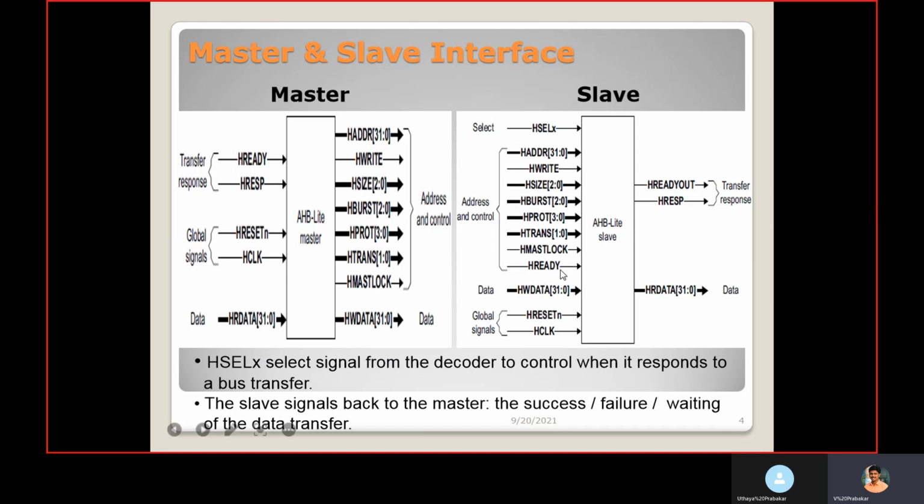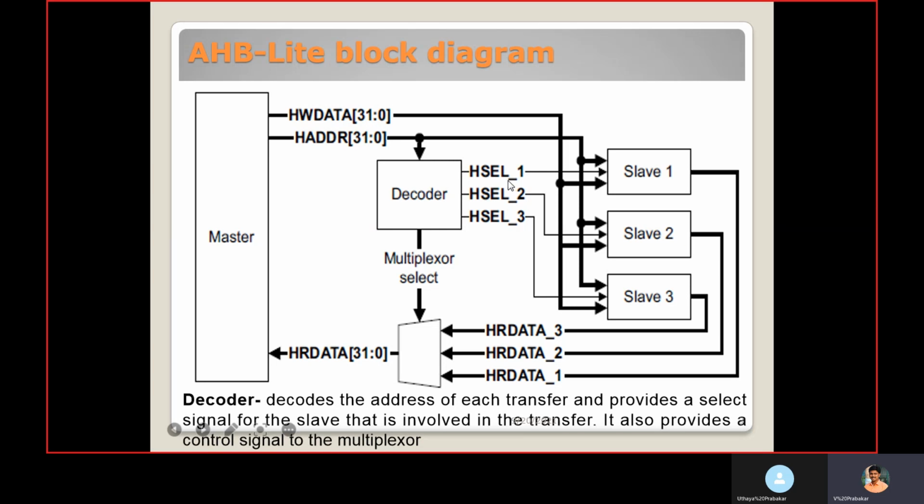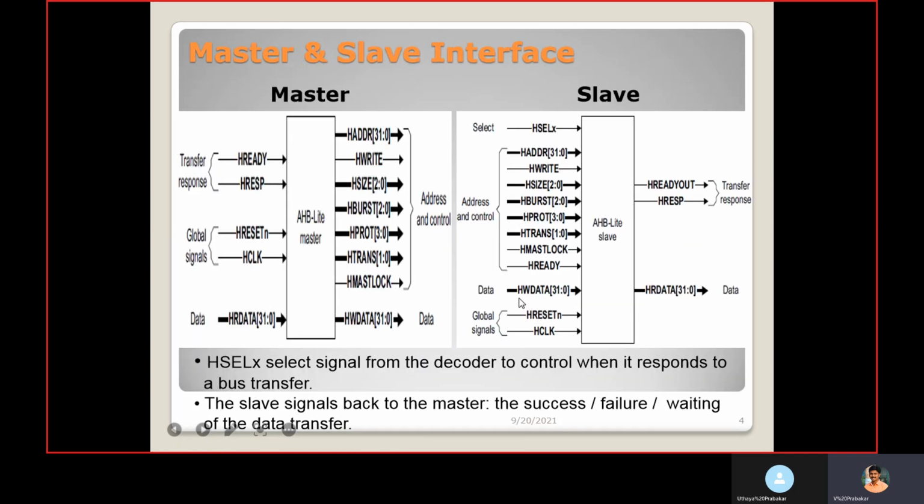The usage of HREADY in: if you are using multiple slaves, HREADY in is coming from another slave, indicating that the previous transaction is complete. Then the HSEL signal is coming from the decoder to the slave. Then HWDATA, and the global signals reset and clock.